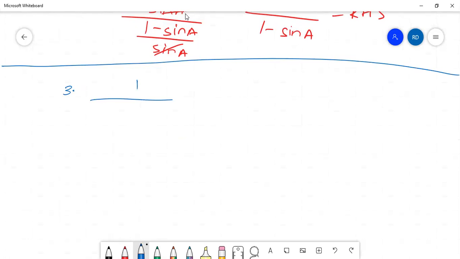That is 1 upon tan A plus cot A, and this you have to prove equal to cos A into sin A. So the simple drill is to take LHS.